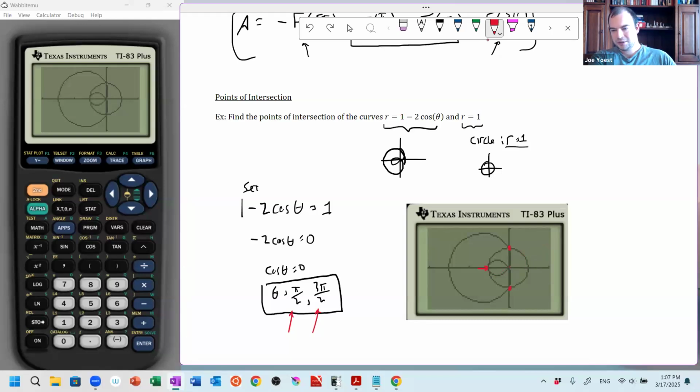When I have this theta, r1 equals 1, r2 equals 1, those are the same thing for theta equals pi over 2. When I have this theta equals pi, from the circle, r equals 1, and oh, I think I have the wrong one here. From the circle, r equals 1.